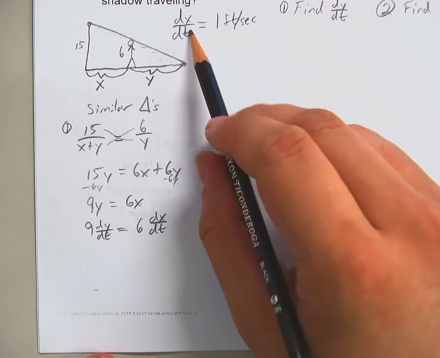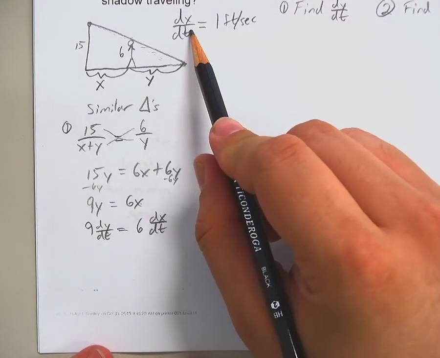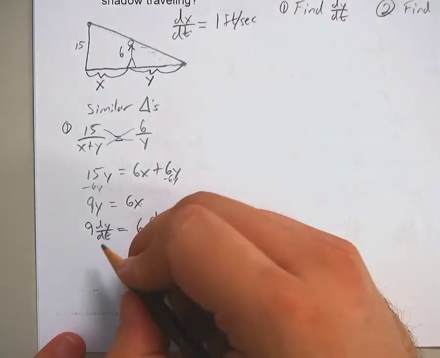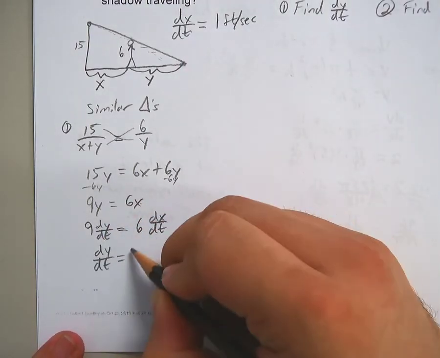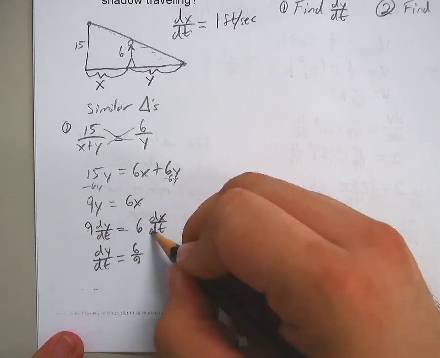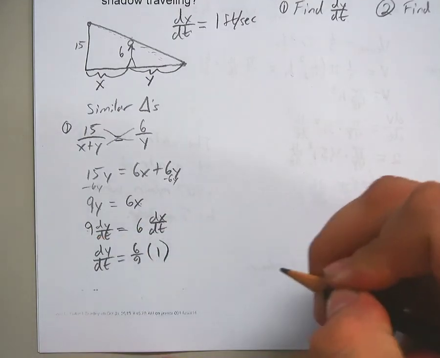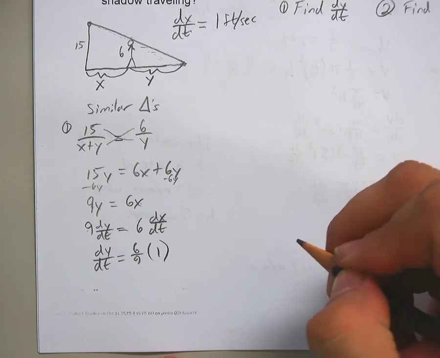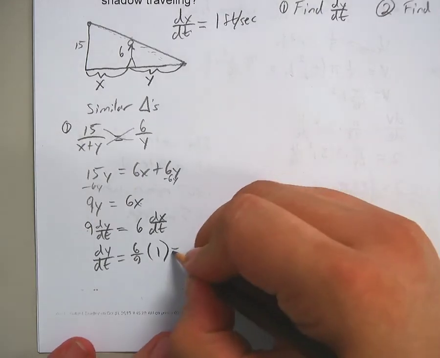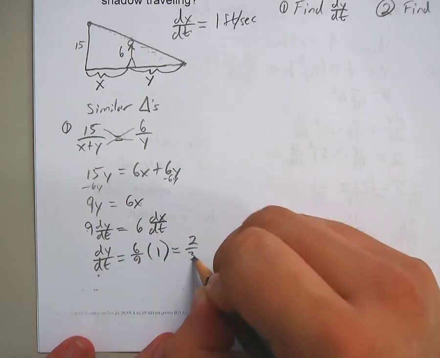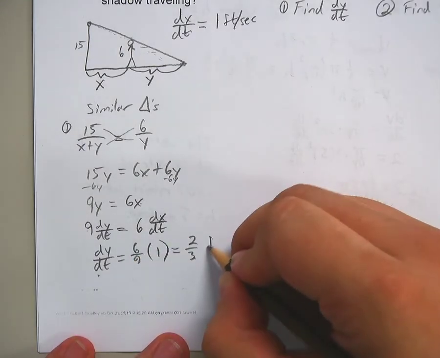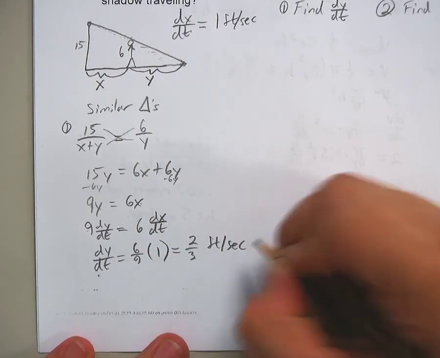If you notice, they gave me dx dt was 1, right? So dy dt is going to be 6 over 9, divide your 9 over, times 1. Well, that's just 6 over 9, isn't it? Or 2 over 3. So dy dt is 2 over 3, and that's changing in feet per second.